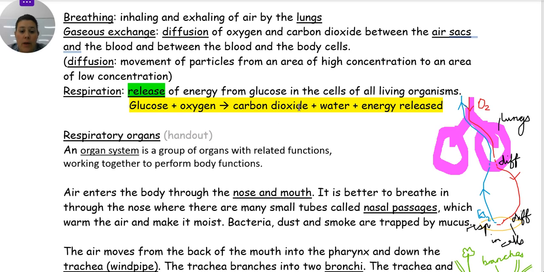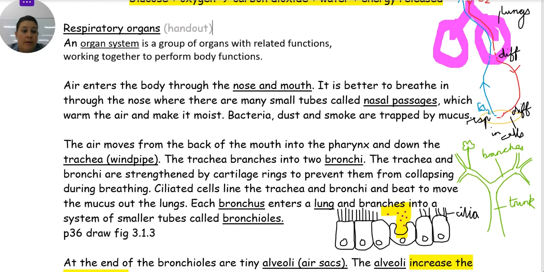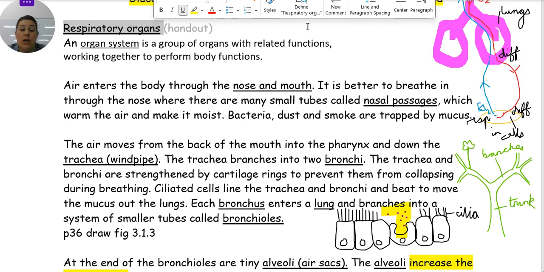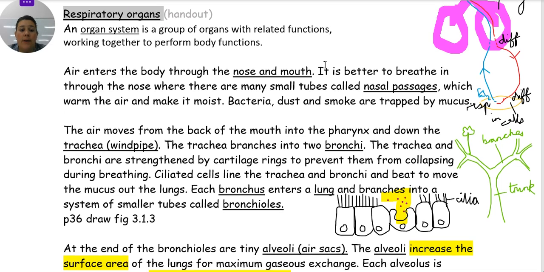After those definitions, we now are going to look at our respiratory organs. These are the organs that we use to get air in and air out. Air enters the body through the nose and mouth. It's better to breathe in through the nose, where there are many small tubes called nasal passages, which warm the air and make it moist.